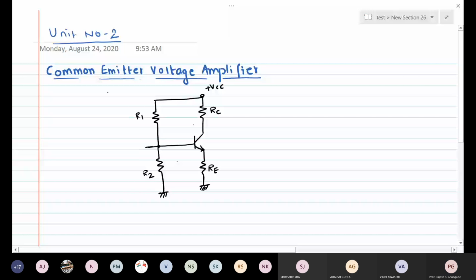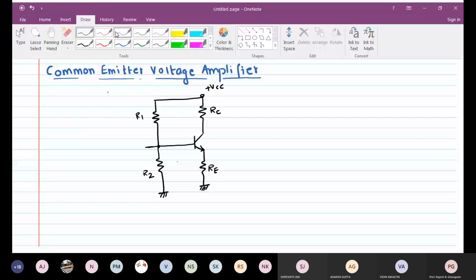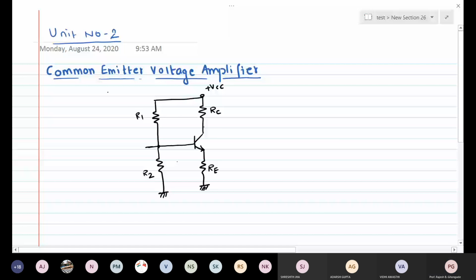Okay. In addition to that, we have some extra components over here. So we have a capacitor here. Okay, we do have a capacitor here also. Look at the polarity of the capacitors.